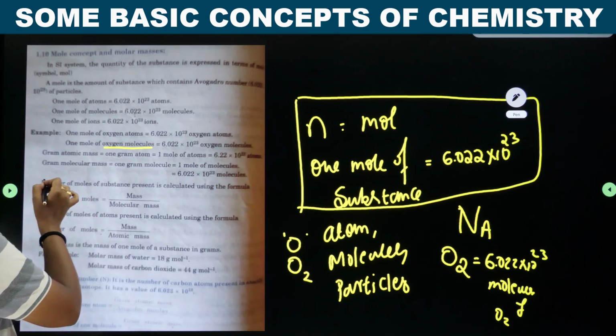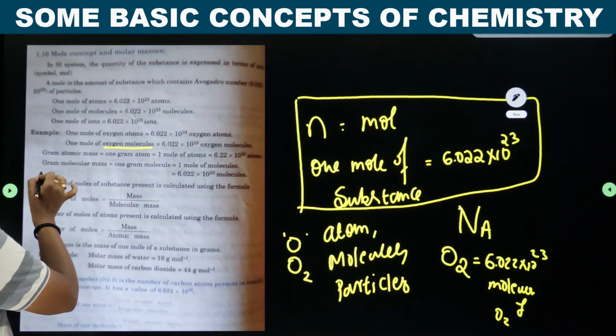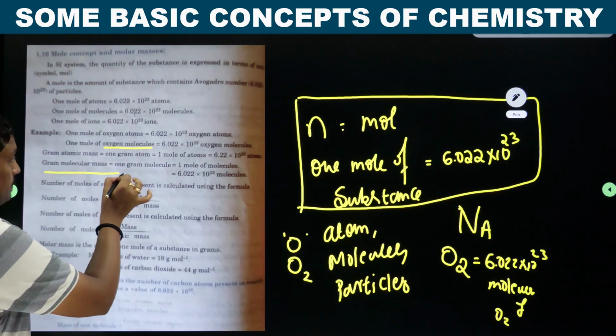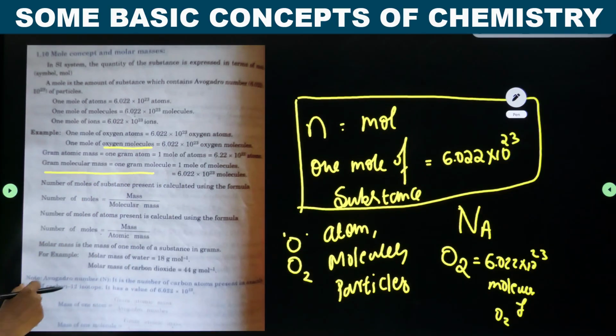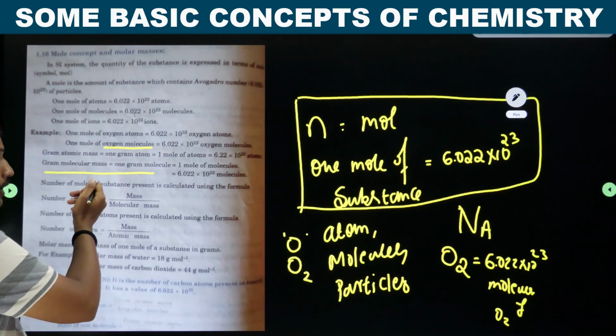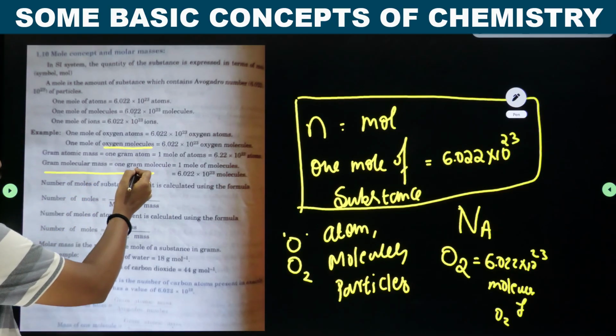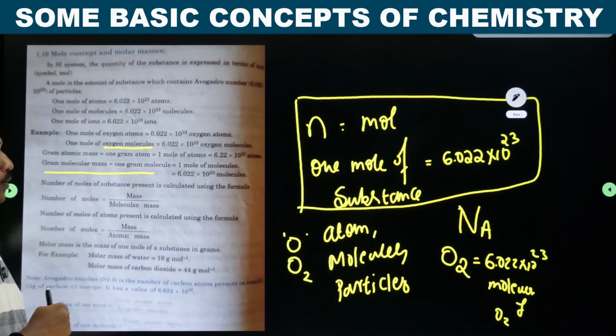Go to next topic. Gram molecular mass. What is the meaning of gram molecular mass? Gram molecular mass is equal to 1 gram molecule.